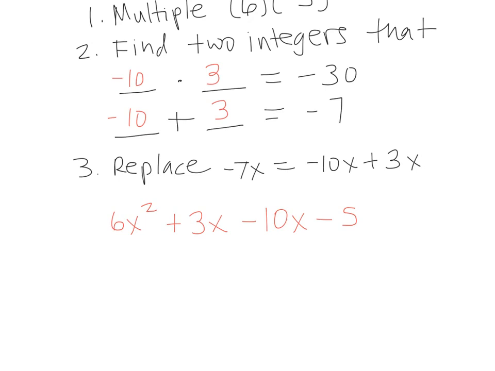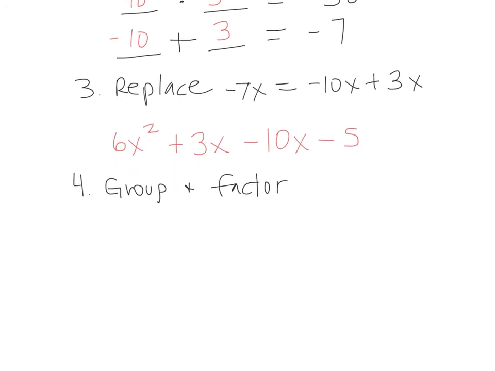All right, now here is where we get to the grouping part. We group and factor like we did before. So let's group the first two terms together, the second two terms together. If we factor a common factor out of the first group, we can bring out a 3x. We'll be left with a 2x plus 1.